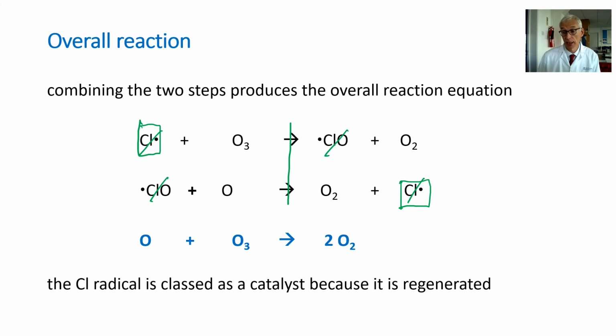And this is why a small concentration of chlorine radicals will have a very ongoing and large effect on the concentration of ozone.